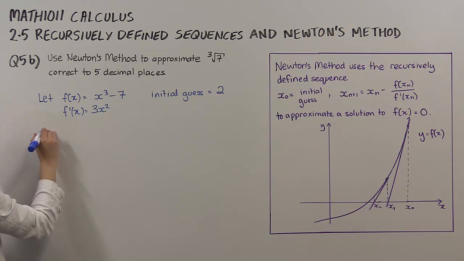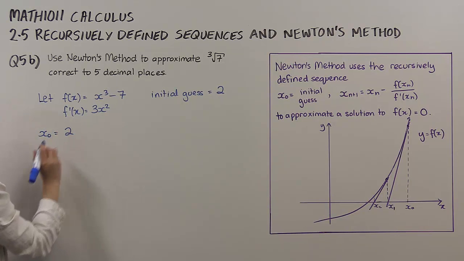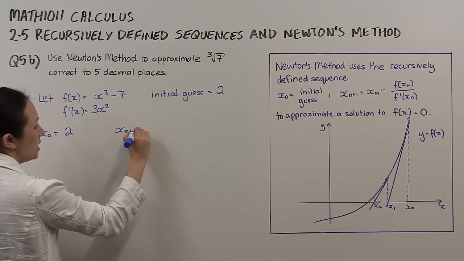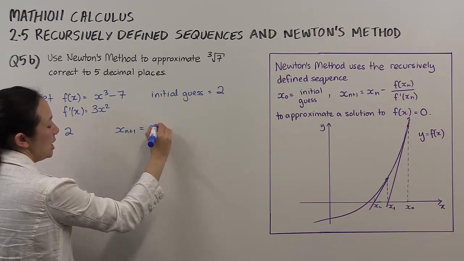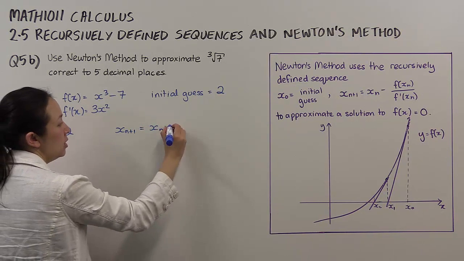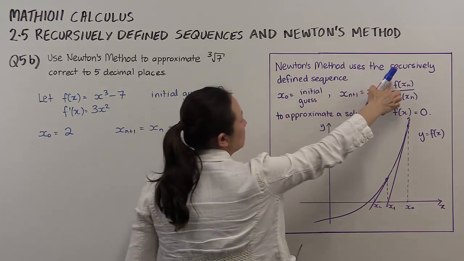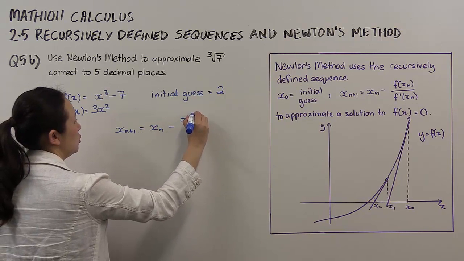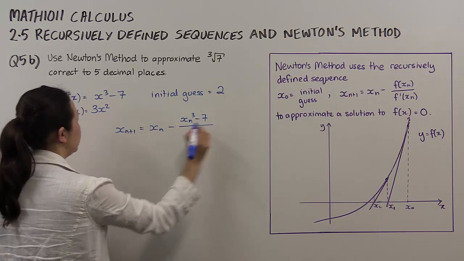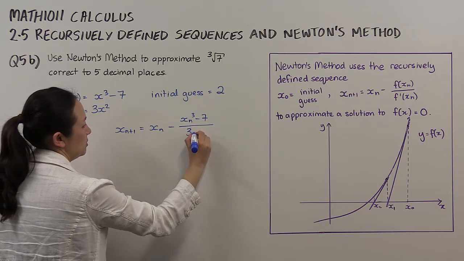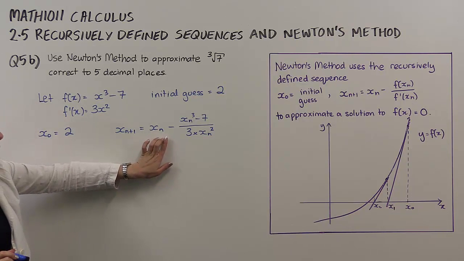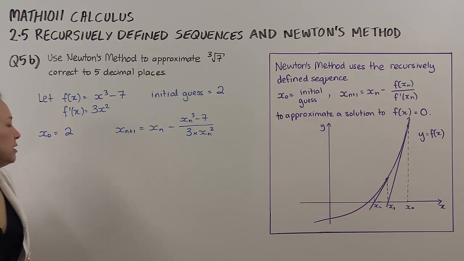So x naught is our initial guess 2, and I might just write the formula over here a bit more explicitly. x n plus 1 is xn, so the term before, minus f of xn divided by f dash of xn. Well, f of xn is xn cubed minus 7, and f dash of xn is 3 times xn squared on the denominator. So this is the recursive formula that's going to converge to the cube root of 7.